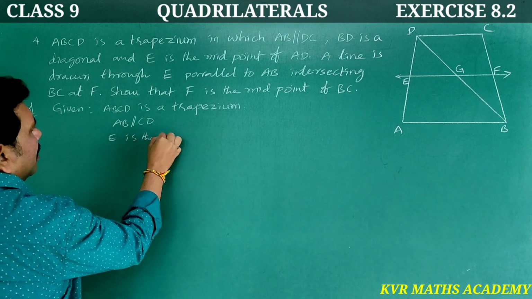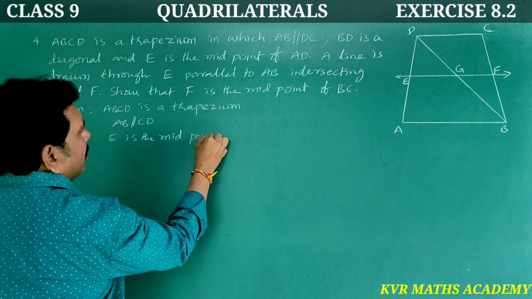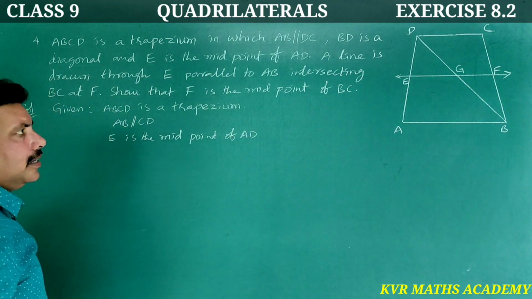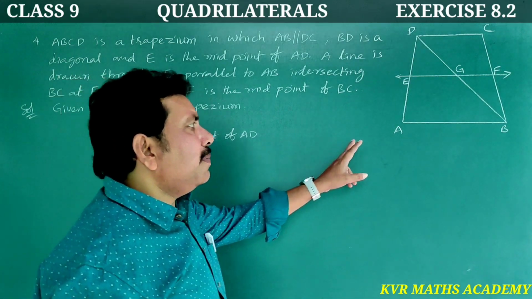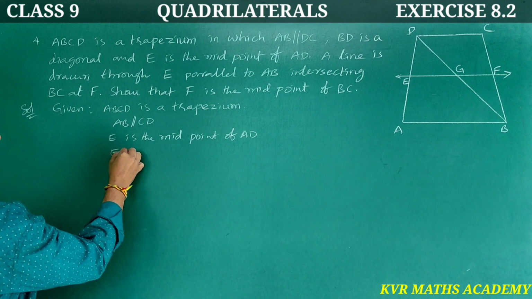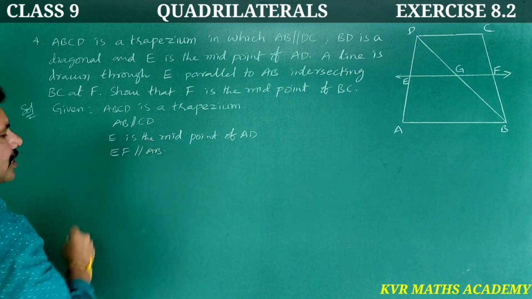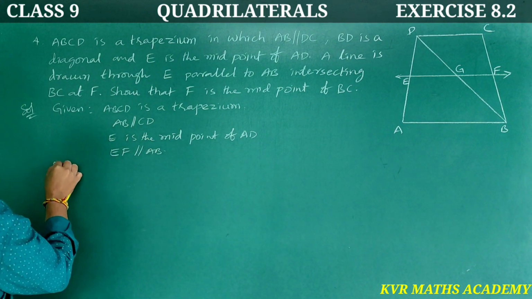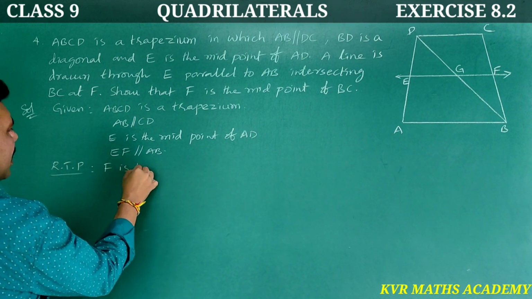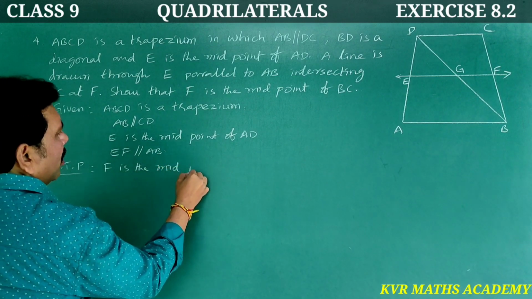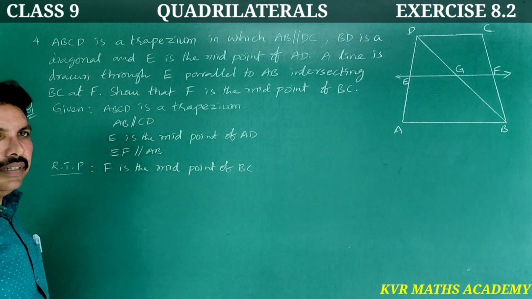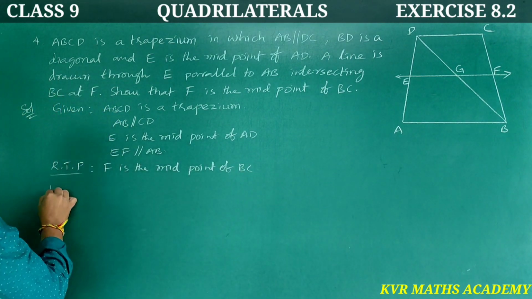EF is also parallel to AB, which is also given. Right? RTP, required to prove: what do we have to prove? F is the midpoint of BC.